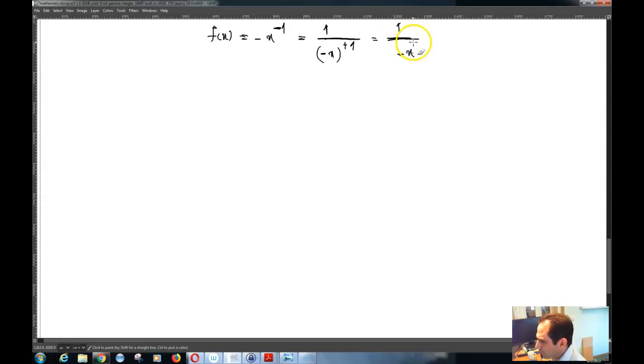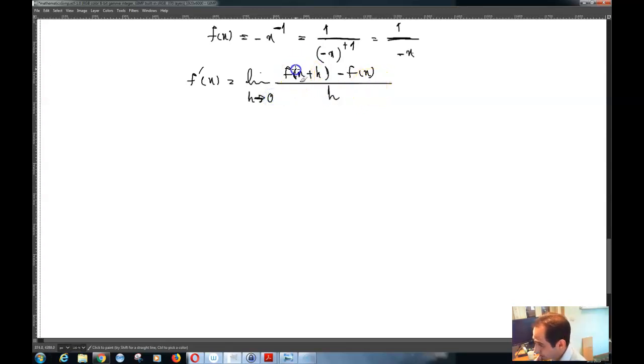Now if your function is 1 over negative x, and you want to calculate the derivative of the function based on the first principle, we said that f prime of x is equal to the limit of f of x plus h minus f of x over h as h tends to 0.